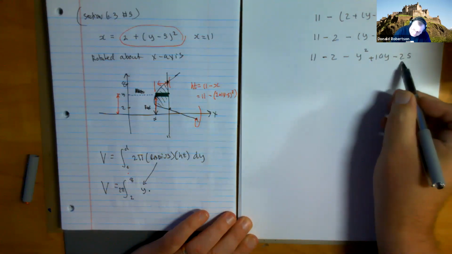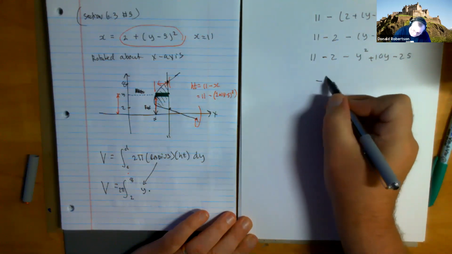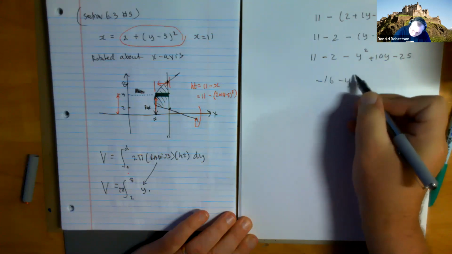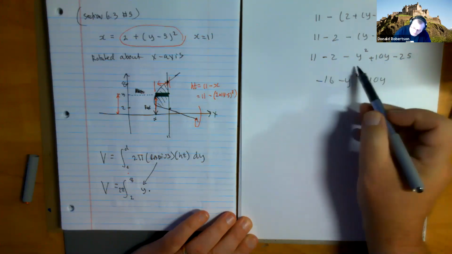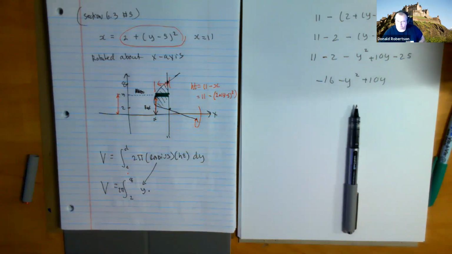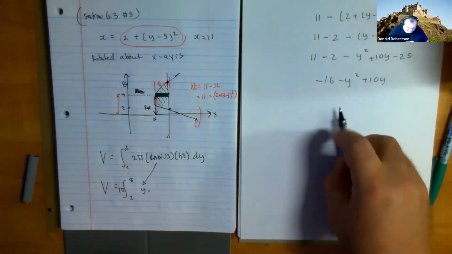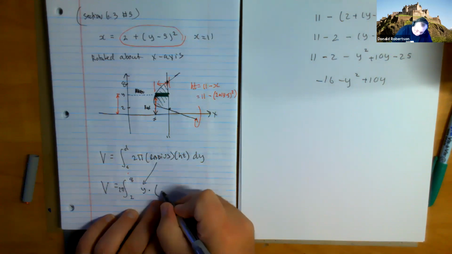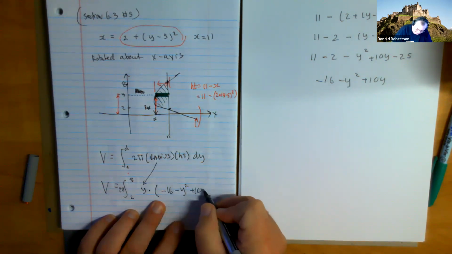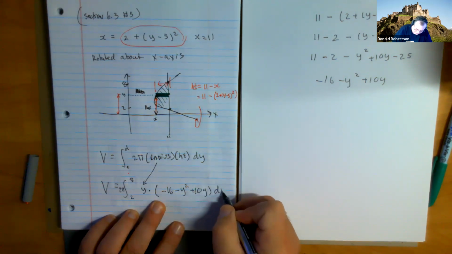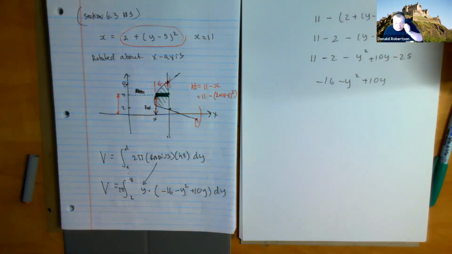So what you get is minus 16, minus y squared, and plus 10y. Let's see what that looks like. Yeah, it does. So in here, I'm going to go negative 16, negative y squared, plus 10y dy. Well, what am I going to do next? Because this question's pretty close to being finished.